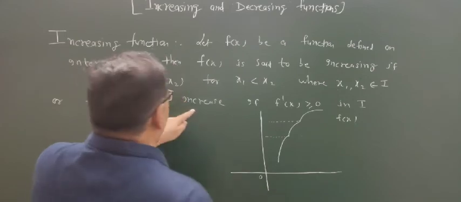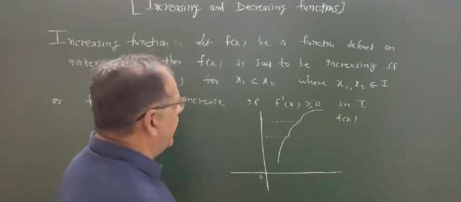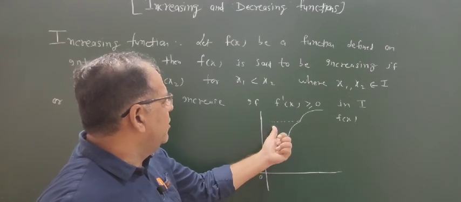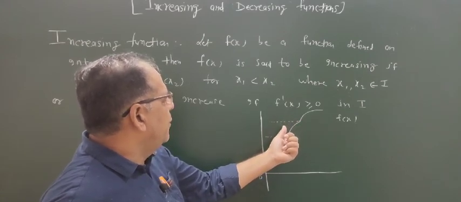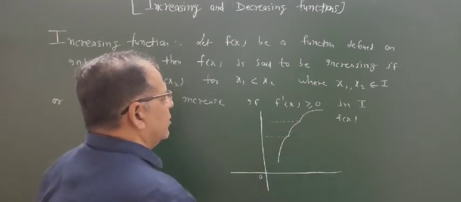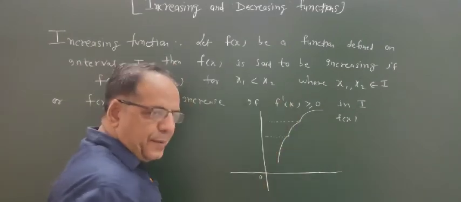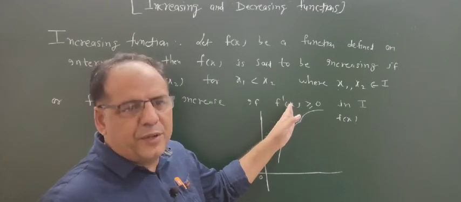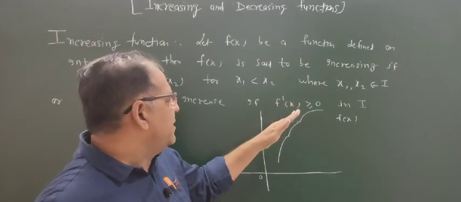So in an increasing function, we have some points on the curve in interval I where the tangent is parallel to the x-axis. f'(x), the first derivative of f(x), shows the slope of the tangent at any point.